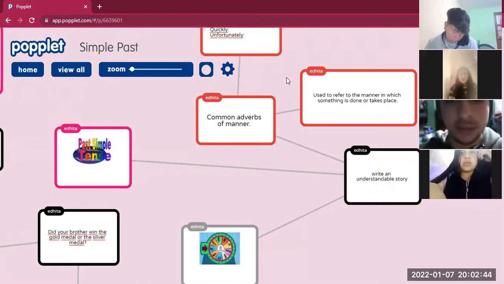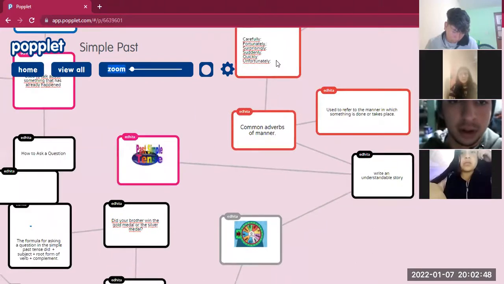For example, if we use the adverb carefully, the listener is waiting, what happened next?